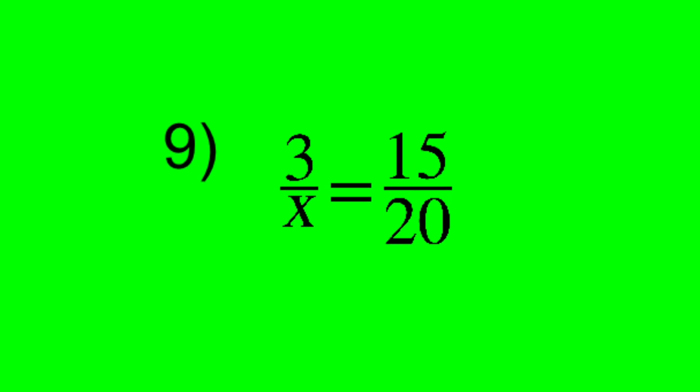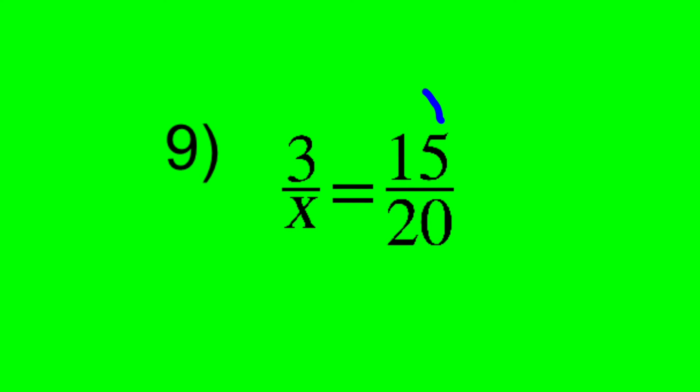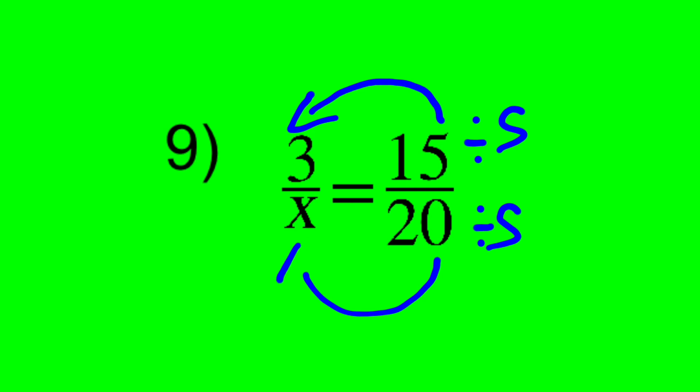Well, in this one, to go from 15 to 3, I divide by 5. So I do the same thing to the bottom. And so to go from 20 to x, I divide by 5, and x is equal to 4.